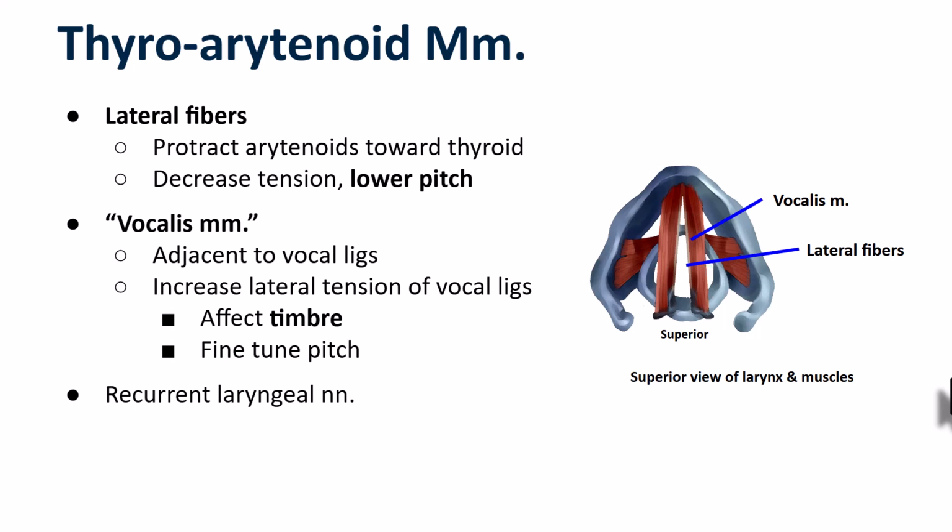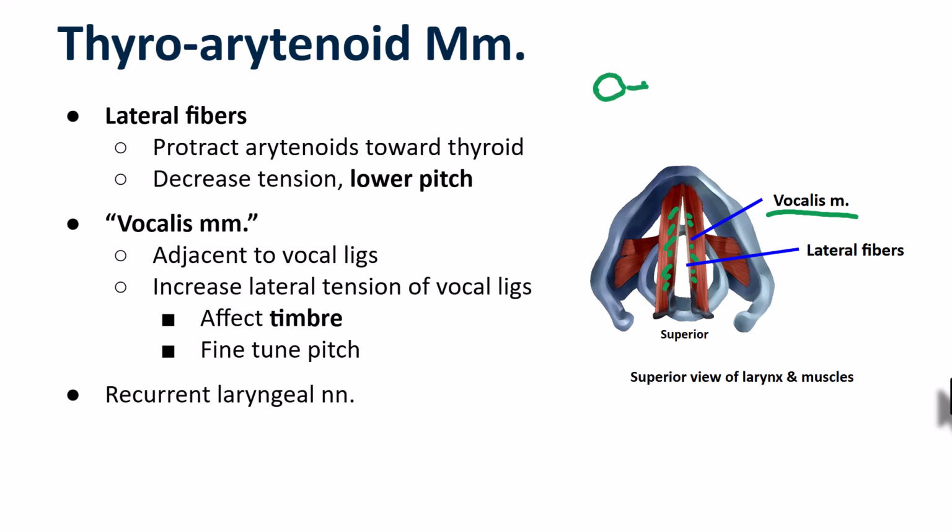The more medial fibers, those that are immediately adjacent to the vocal ligaments, sometimes we call them an entirely separate muscle. We call them the vocalis muscle, even though they're more considered a part of thyroarytenoid muscle. What they do is they increase lateral tension on the vocal ligaments. So if we were to think about a vocal ligament in cross-section, it might look like that.